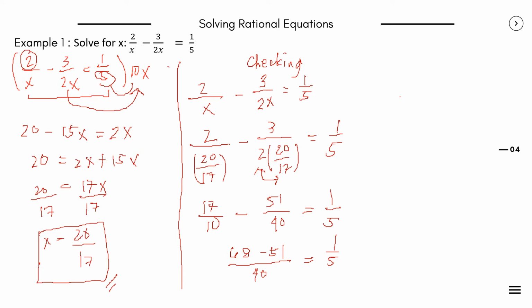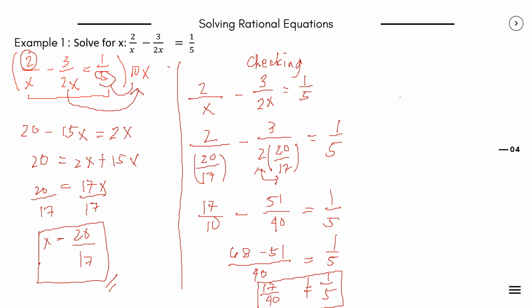Magiging 17 over 40. So, as you can see, hindi na natin siya ma-reduce sa pinaka-lowest fraction pa. Okay? So, ayan na siya. Ito na yung pinakasagot.